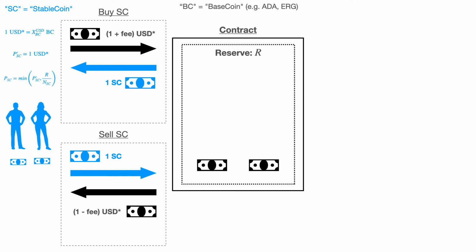Now, the problem is that because of the fluctuation of the price of the base coin, there might not be enough reserves to give back dollars for all the stablecoin holders. So in such cases, when the reserve becomes too low, what we do is to give a quantity of base coins that is equal to the reserves divided by the number of stable coins in circulation, this NSC.